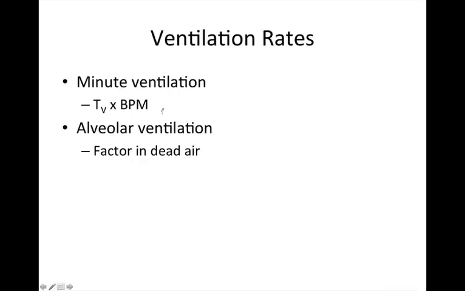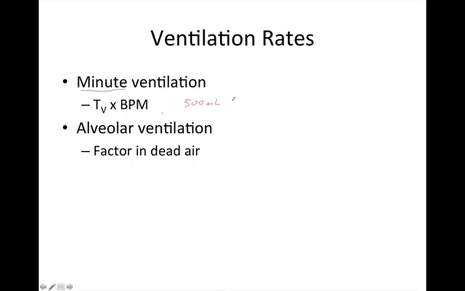So let's say a person is breathing in, let's just stick with your regular tidal volume, 500 milliliters of air per breath. Remember the name of this: minute ventilation. Minute. How much air are we ventilating per minute? How much air are we breathing in and out with every breath per minute?